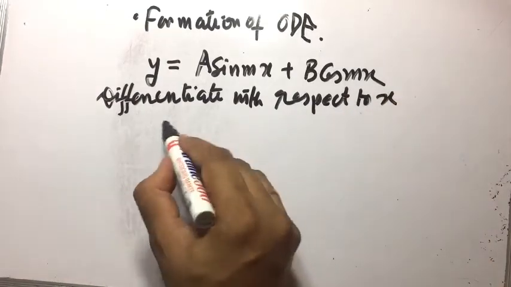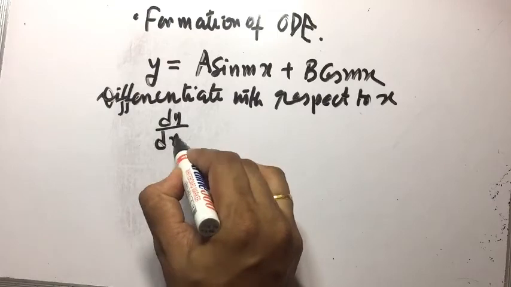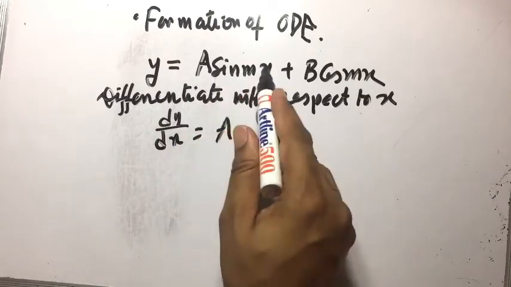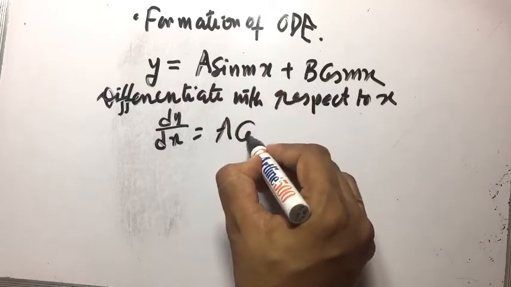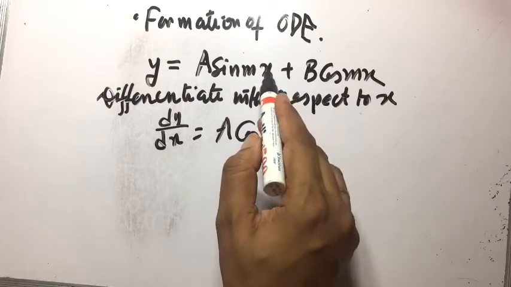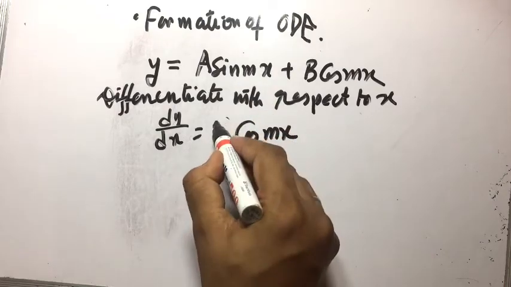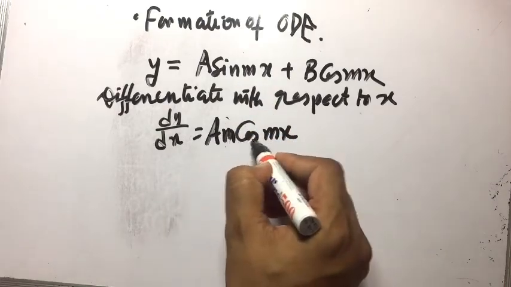dy by dx equals, differentiating a sin mx, where a is a constant, the derivative of sin is cos mx, and since x has coefficient m, we get a times m times cos mx.